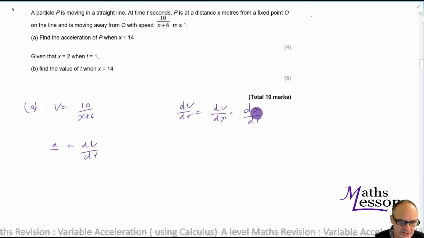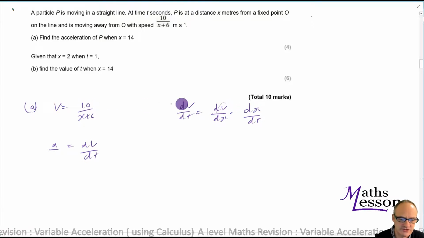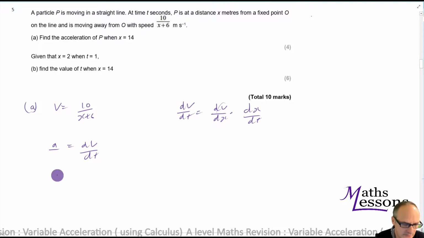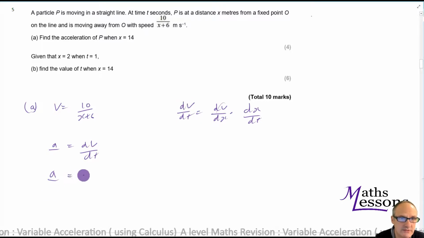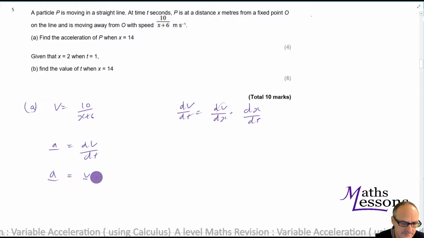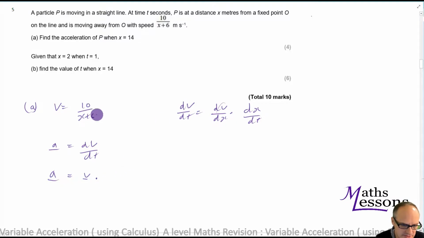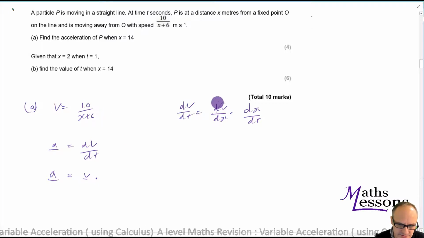And dx by dt is v. So we can differentiate this with respect to x and then just multiply by v to get our acceleration. So our acceleration will equal v times dv by dx.